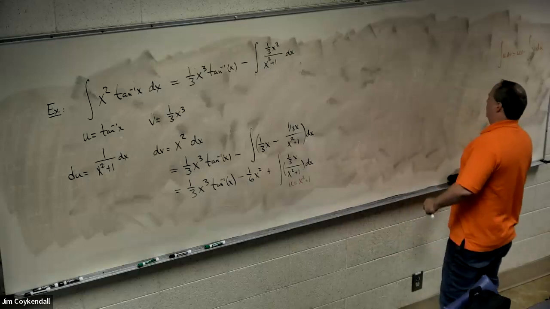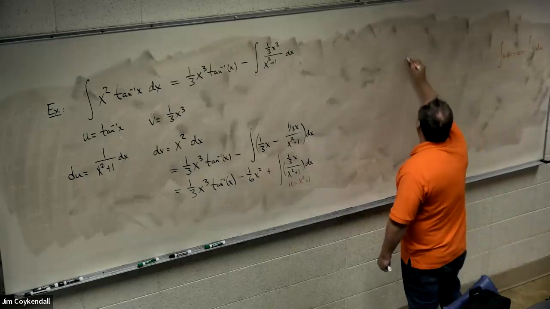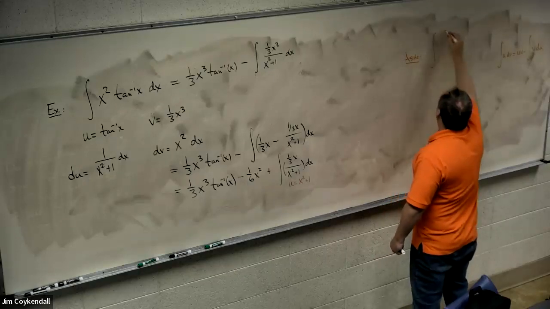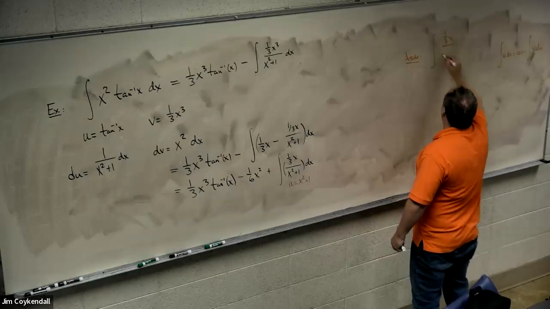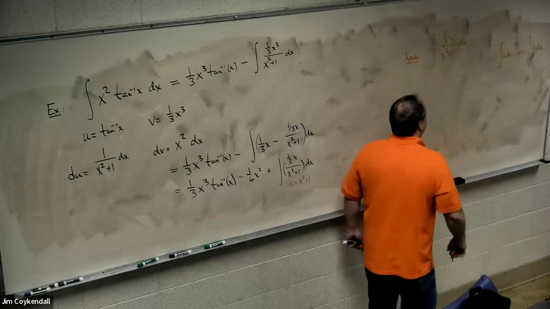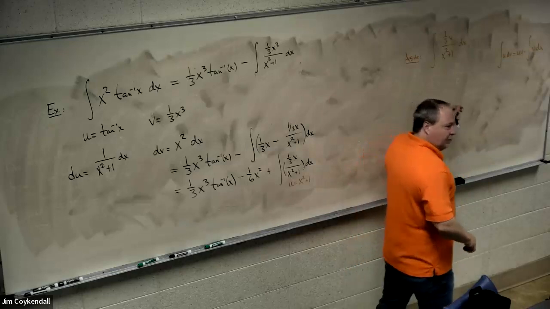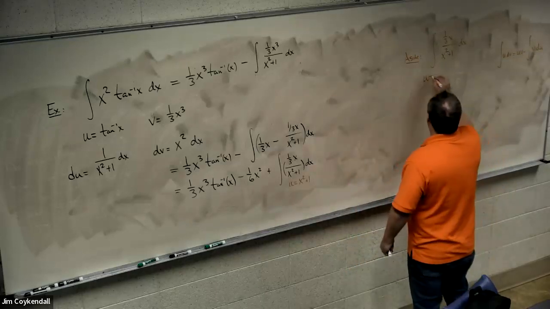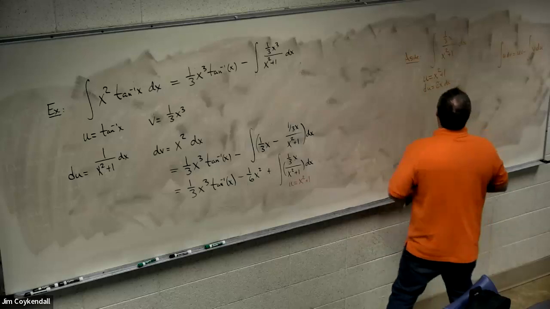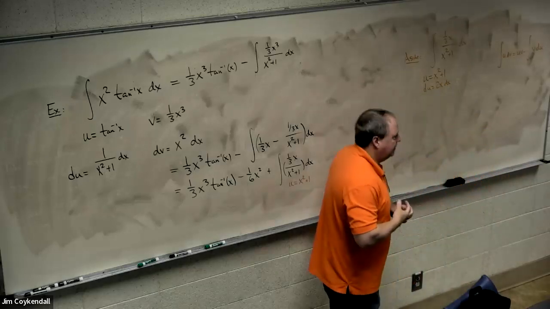This is the last one. I want to find the integral of 1/3 x over x squared plus 1. I'm going to find the same type of derivative here. This was the u substitution. The derivative of u is 2x.